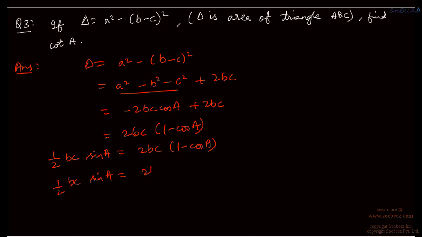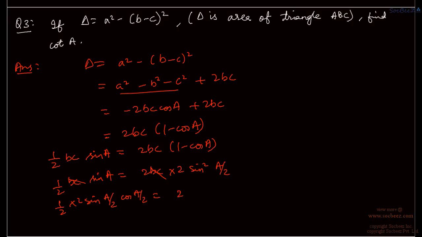Half bc sin a is 2bc times (1 minus cos a), and 1 minus cos a itself is equal to 2 sin squared a by 2. Sin a can be written further in terms of 2 sin a by 2 cos a by 2. Anyway, first let's cancel bc here. This is half into 2 sin a by 2 cos a by 2.